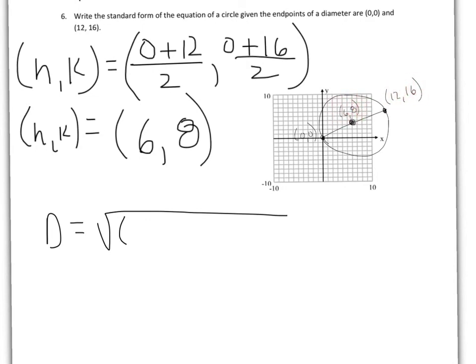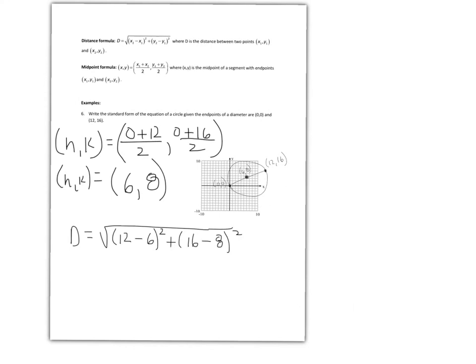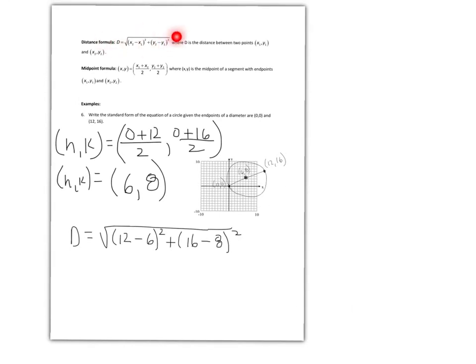X sub 2 is the x value of the second coordinate, which is 12, minus x sub 1, which is 6, square it, plus y sub 2, which is 16, minus 8 squared. Note, there is the formula again right up here. X sub 2 minus x sub 1 squared plus y sub 2 minus y sub 1 squared. That's what we have right there.